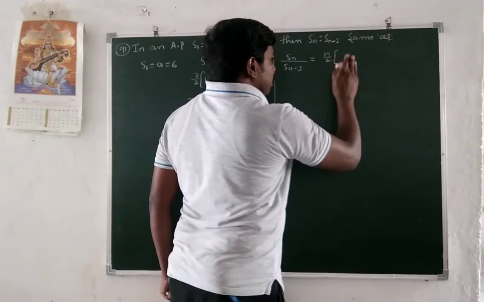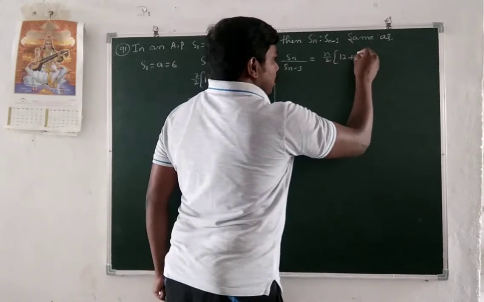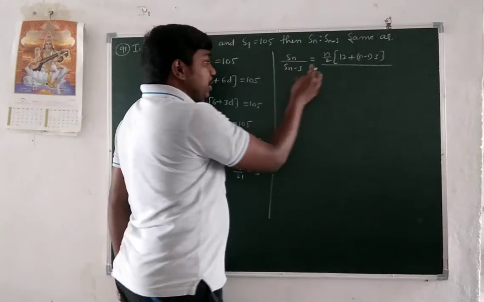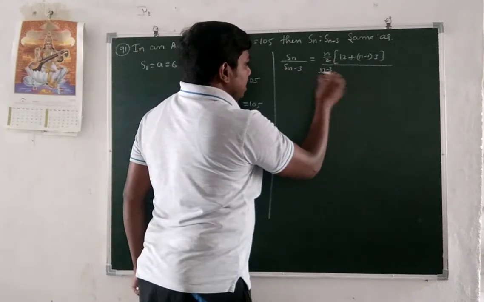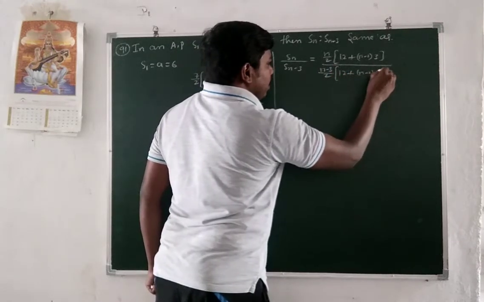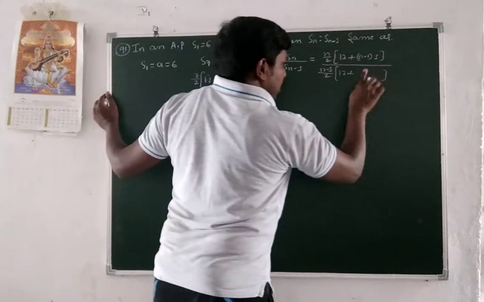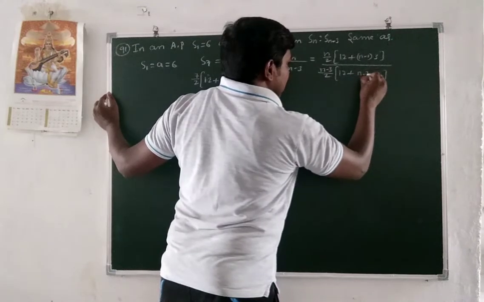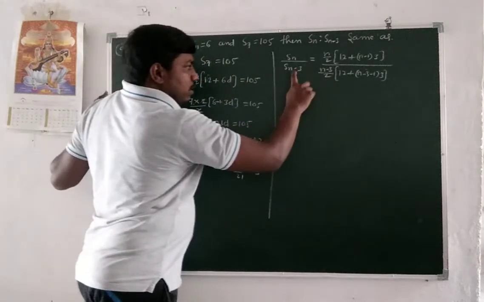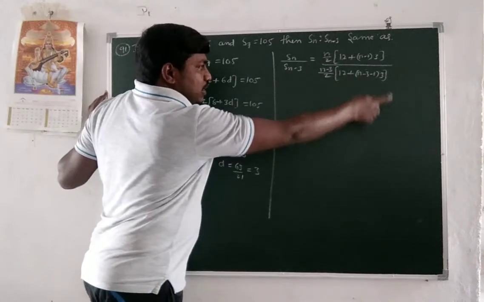A is 6, so 12 plus n minus 1 into common difference 3, divided by the sum of n minus 3 terms: n minus 3 by 2 into 12 plus n minus 3 minus 1 into 3. For Sn it is n minus 1, and for Sn minus 3 it is n minus 3 minus 1.